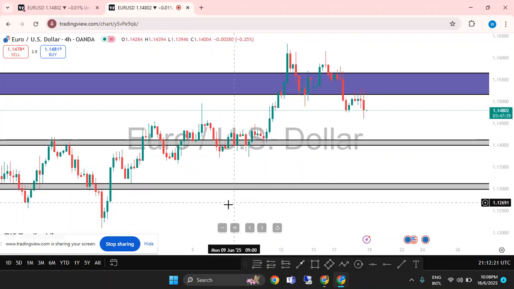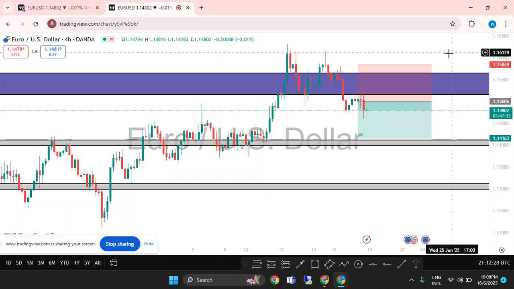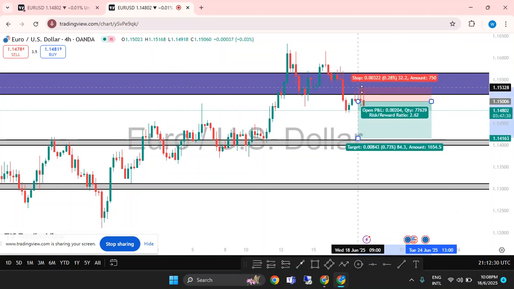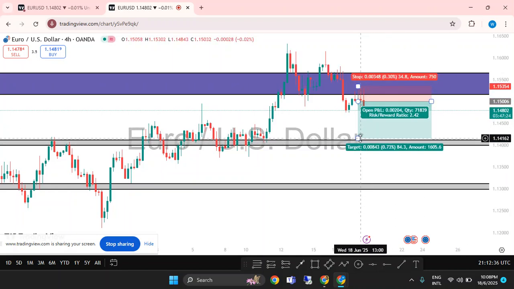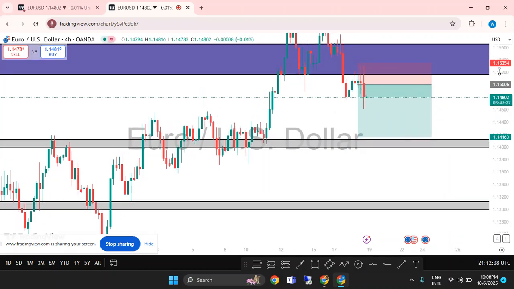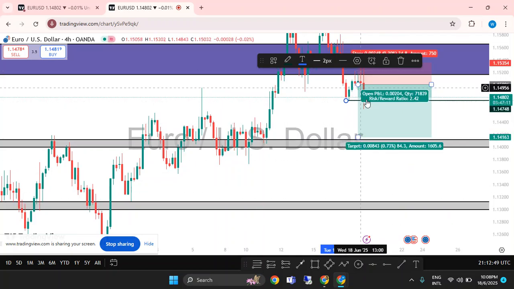On this, I took a short trade somewhere around here, and another short trade somewhere around here. I mostly use my 100% retracement, like the recent low, as my first take profit, which it has already hit. So I'm on break even on this trade right now.